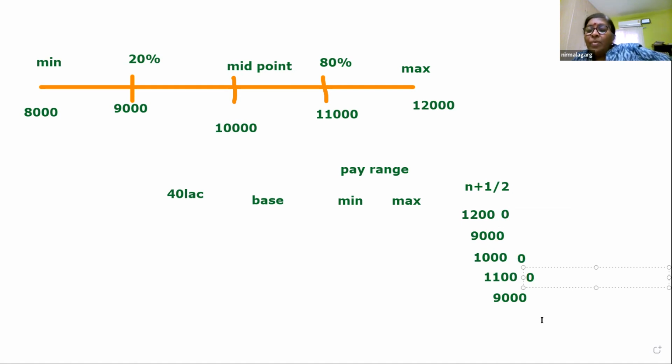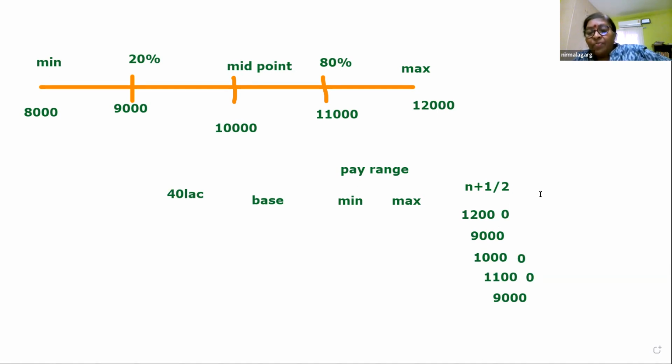So how will you do a midpoint? I'll just tell you how to go about it. The minimum amount we have to take is around 9,000. So what you do is go by ascending or descending order. When you have data, you won't get it in a systematic way.